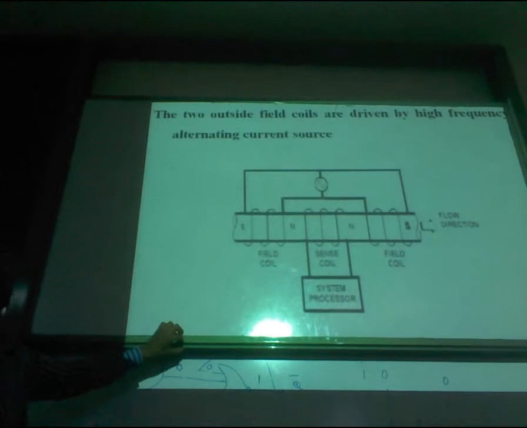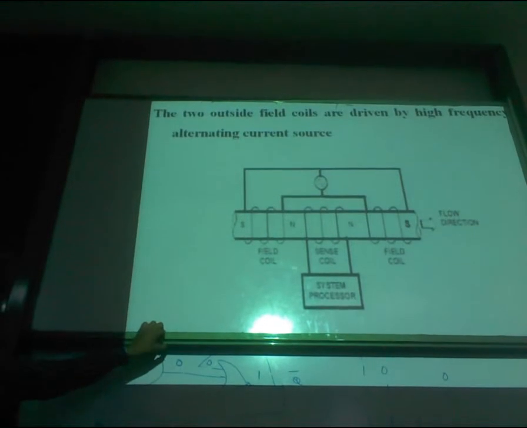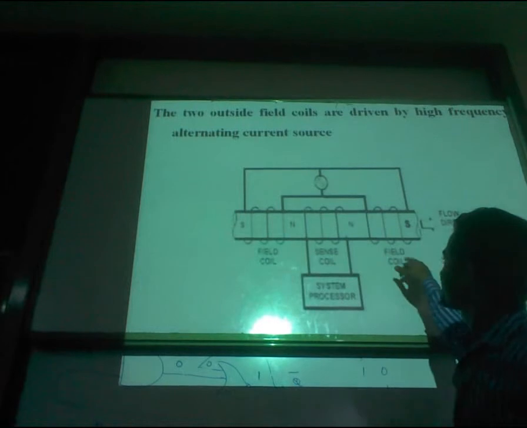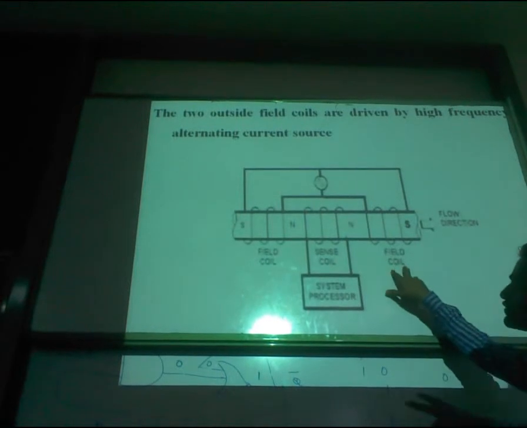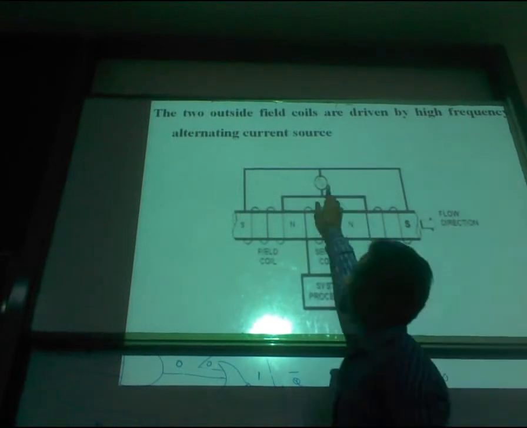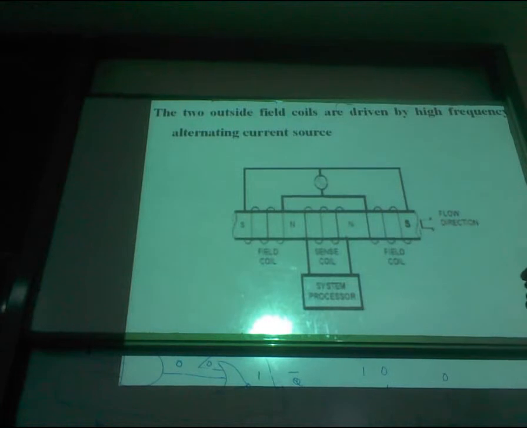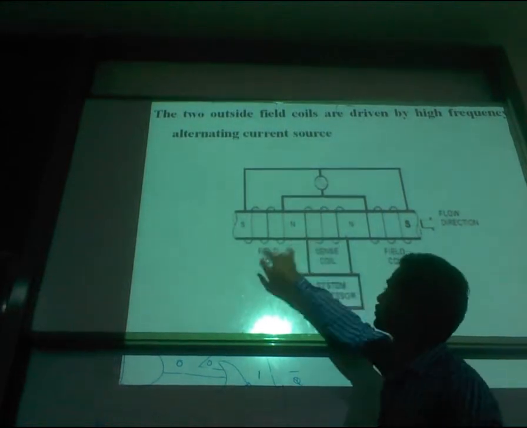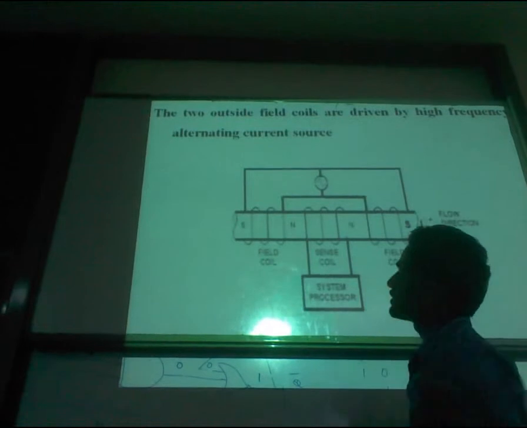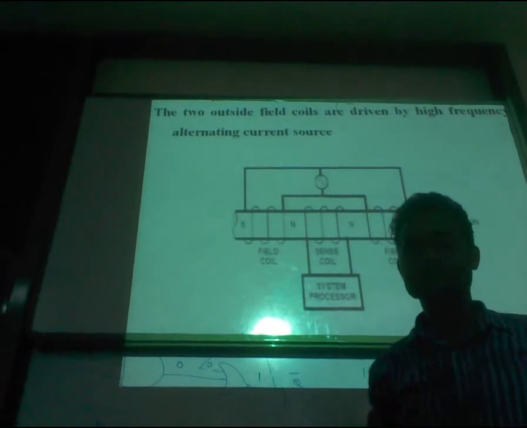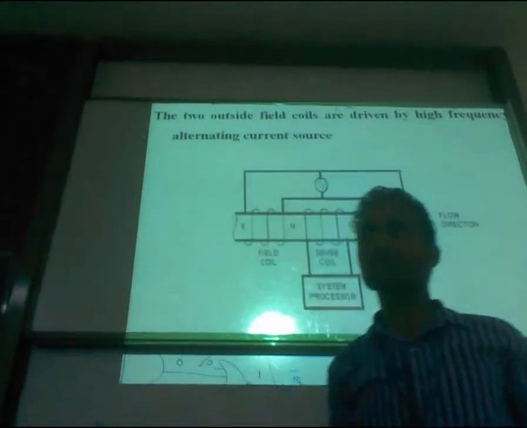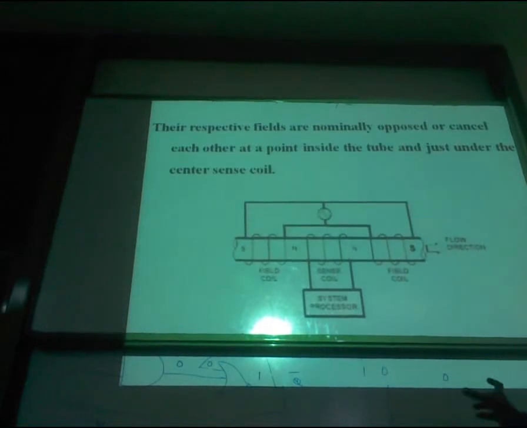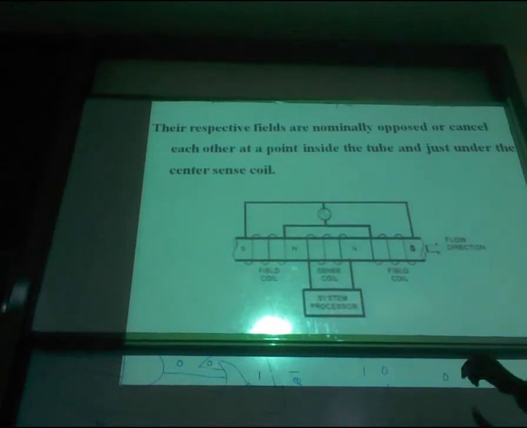The two outside field coils are driven by a high frequency alternating current source. We can see that this is a field coil and this is a field coil. These two field coils are operated by the high frequency alternating current source. The respective fields are normally opposed so that they cancel.